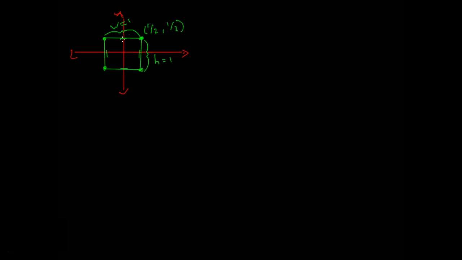And similarly, the point on the left, this will be negative half and half, and this will be negative half, and this will be half and negative half. So these are the point coordinate values in relation to the shape or other 4 points that I have drawn here. Okay.